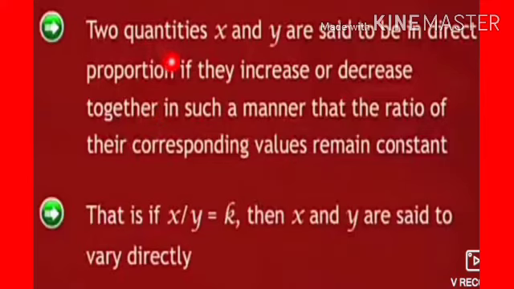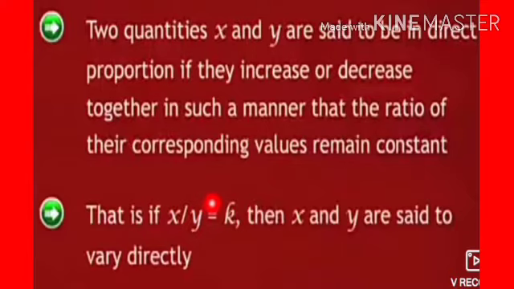Two quantities x and y are said to be in direct proportion if they increase or decrease together in such a manner that the ratio of their corresponding values remain constant.